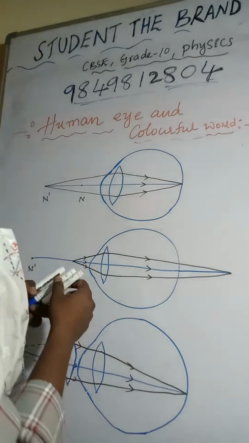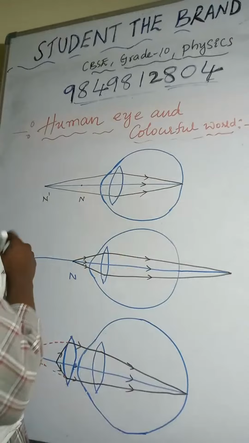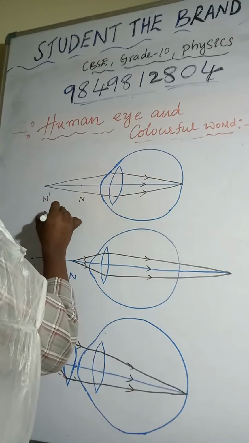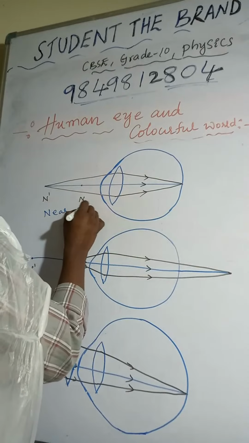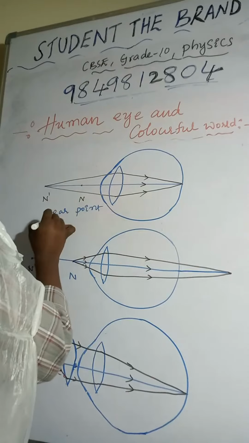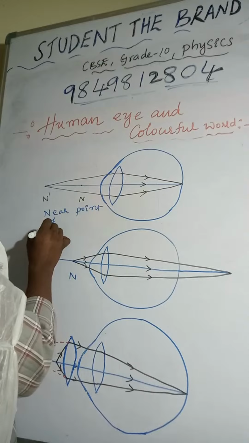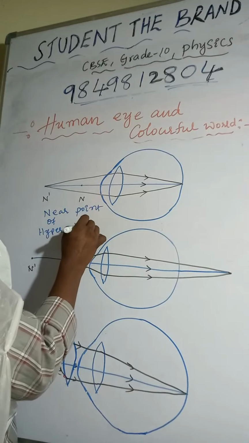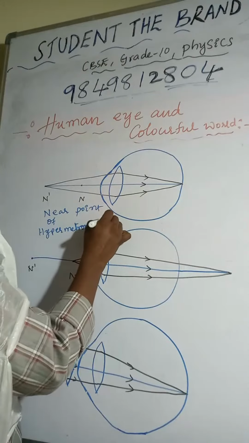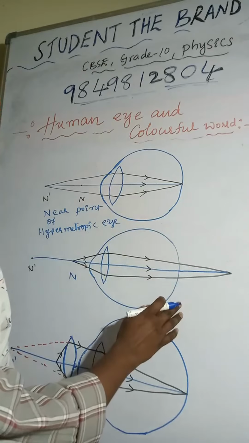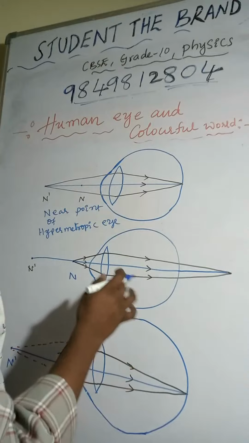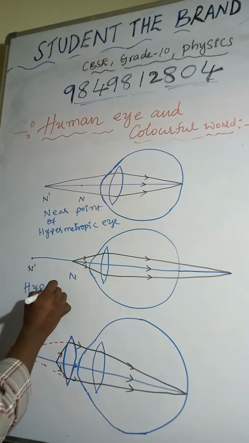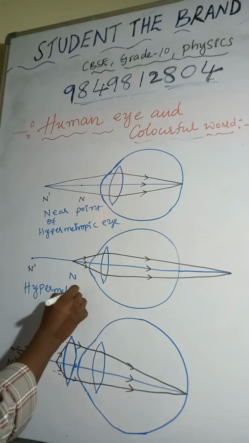This one is the near point of hypermetropic eye. So this one is the hypermetropic eye.